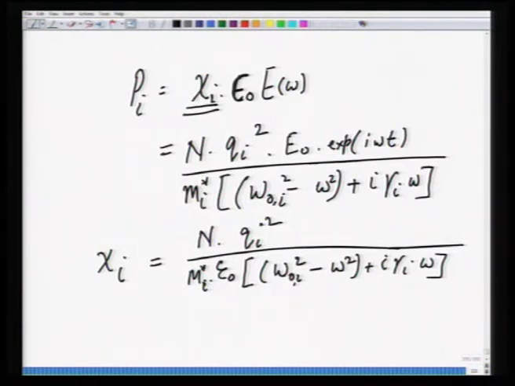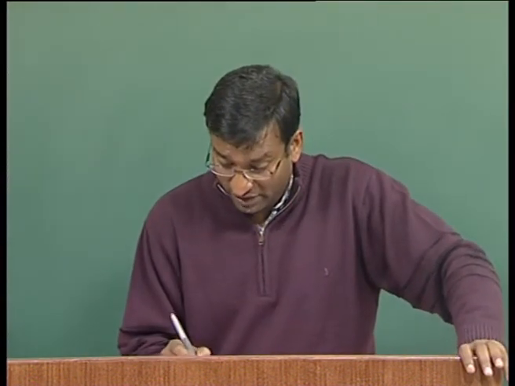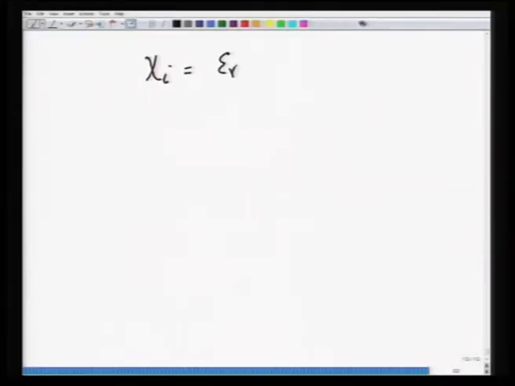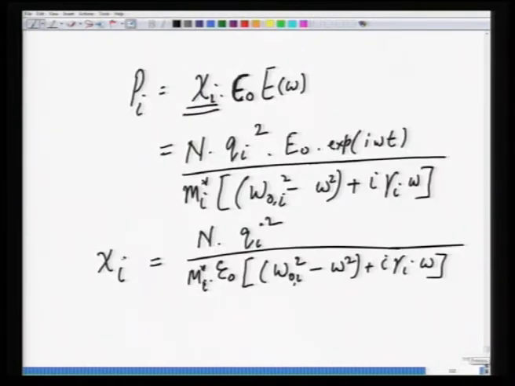And now you can guess where we are heading to. This is essentially to work out the real and imaginary parts of the dielectric constant. So, we know that chi I is equal to epsilon r I minus 1, or in case of complex we write it as epsilon r star. So, even in here we write this as a star because this is a complex quantity.